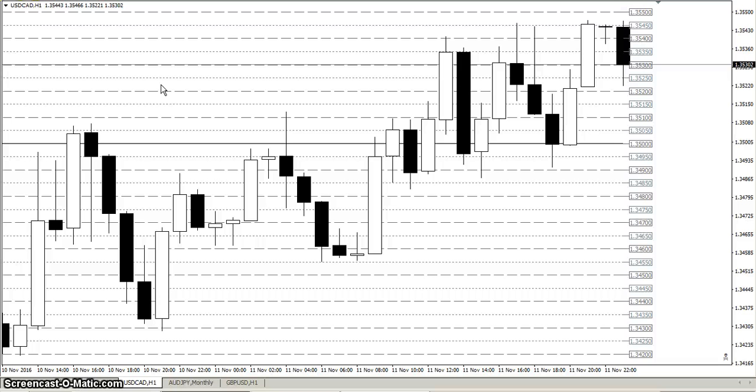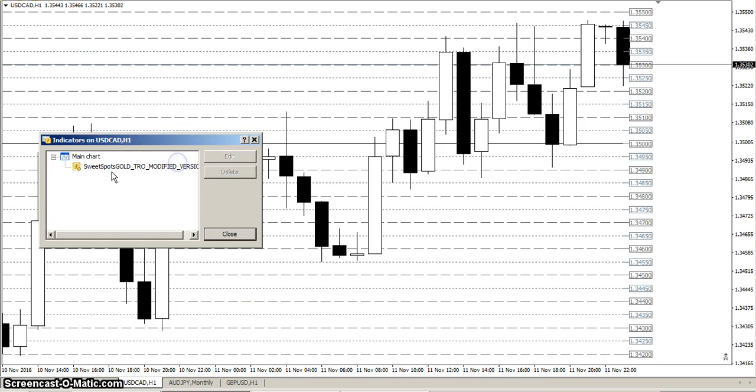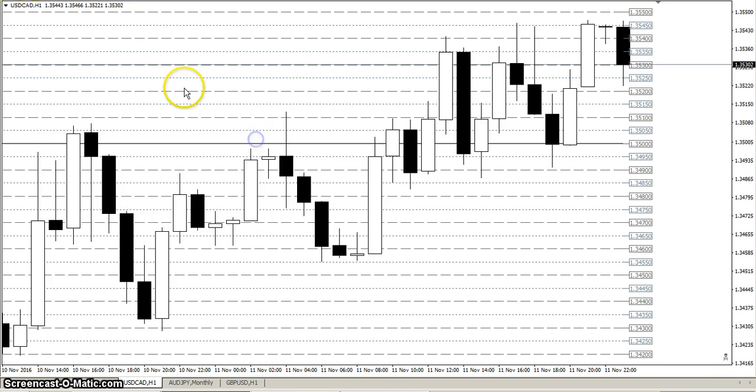But that's not quite accurate. So what we have to look at is, we draw the horizontal lines, and we have the indicator, the Sweet Spots Gold that I modified. I guess we can show that. Sweet Spots Gold TRO modified version. It's posted out on the internet. You can find it.